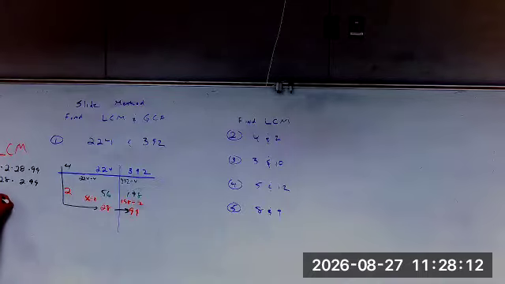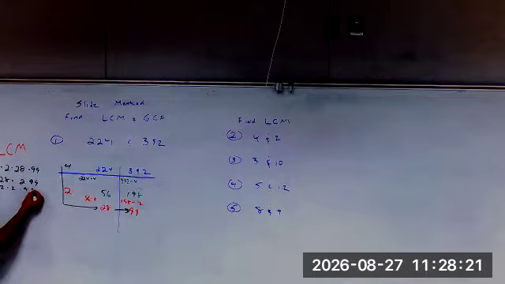The total will be 112 times 2 times 99. That's going to be 224 times 99.